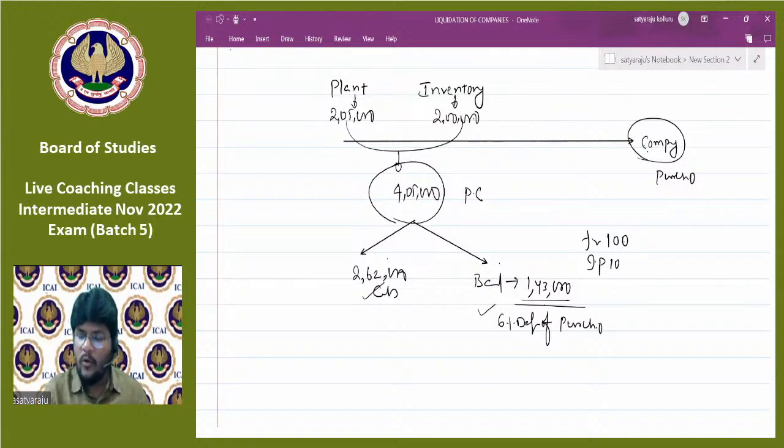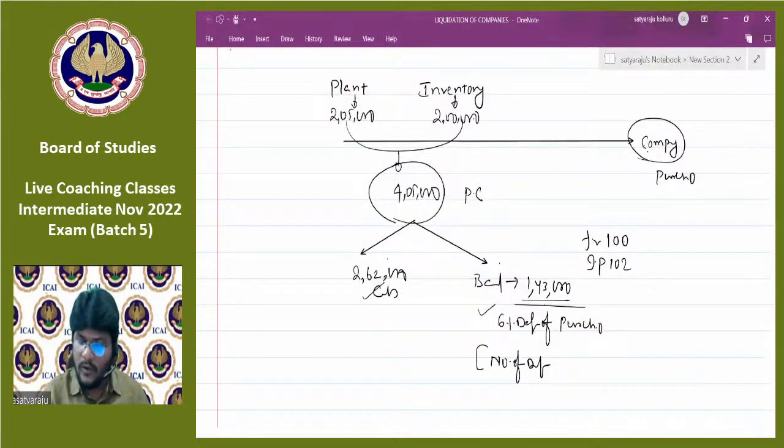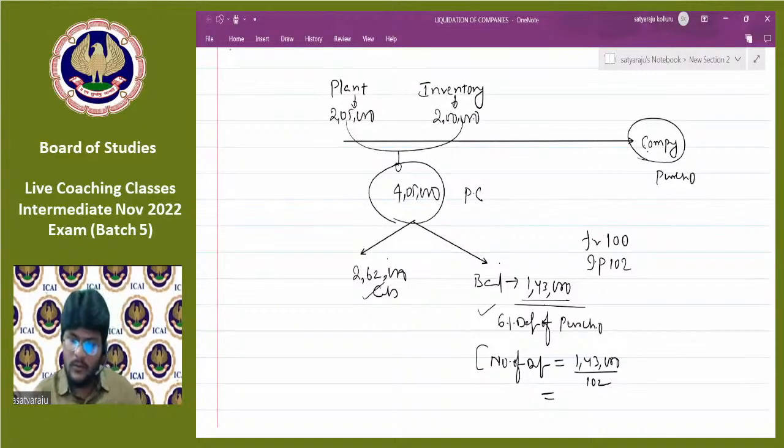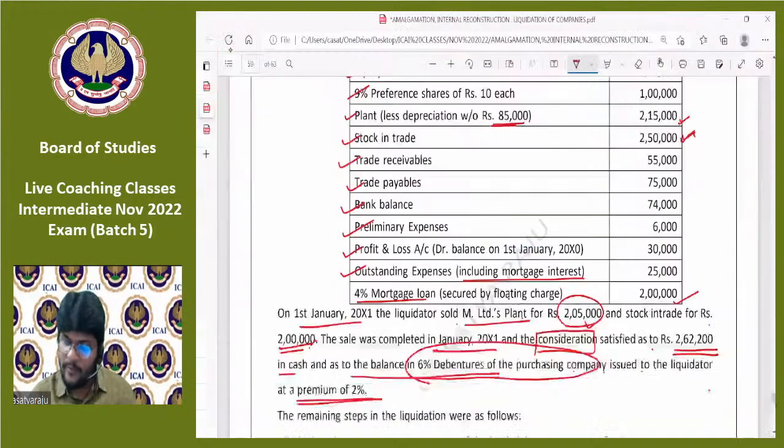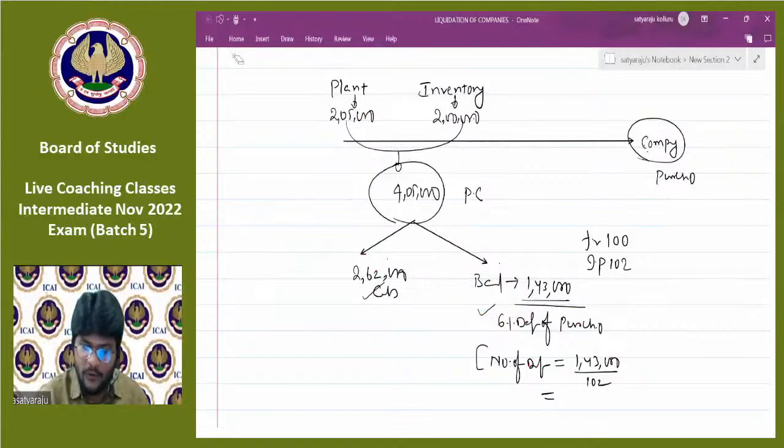Then may I know how many debentures are issued? Number of debentures is equal to 1,43,000 divided by 102. How much? Oh, just a moment. The debentures premium is 2% only, right? This is not 2,62,000. I'm so sorry.